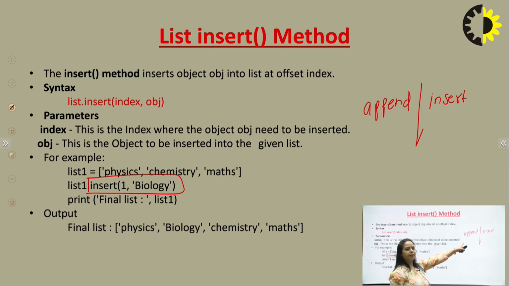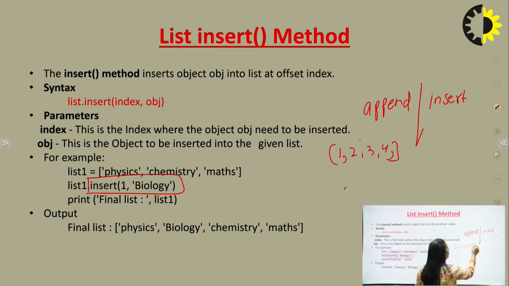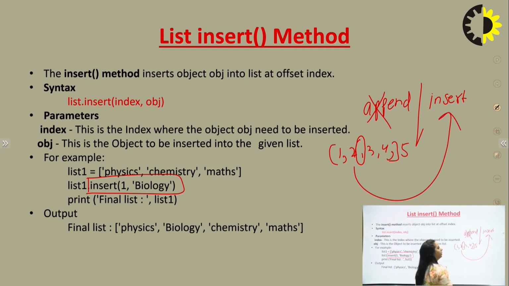What does the append method do? If I have an original list, the append method will append at the end of the list. But if I want to add an element in between the list, then the append method will not work.